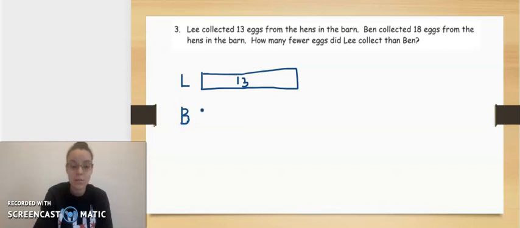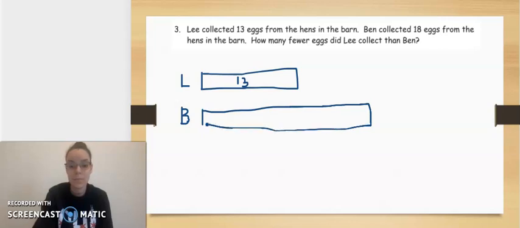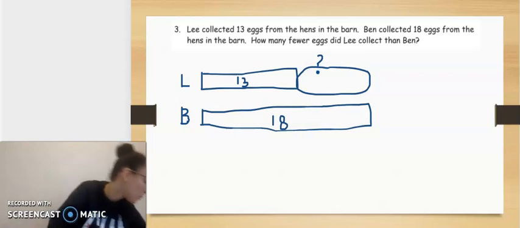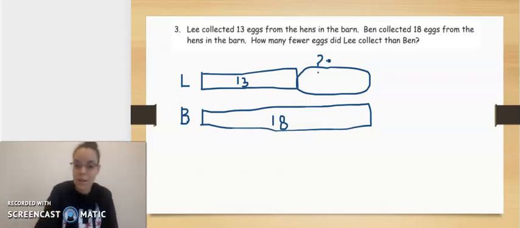And then you should have drew a box that started the same length, but his is longer because he has 18. Okay? To find out how many fewer, you should have circled this spot right here, and you should have put a question mark and wrote less.